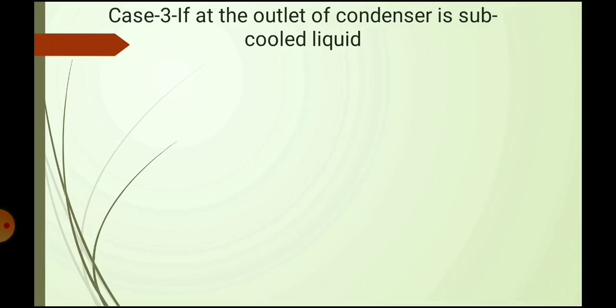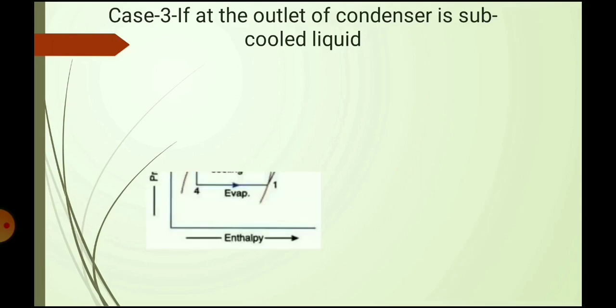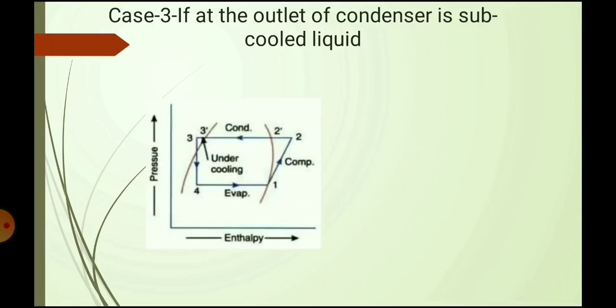At the outlet, that means it says about point 3, so point 3 is in the subcooled region. This is the pH diagram. This is the saturated liquid line, and this region is said to be the subcooled region. According to the case, point 3 should be in that region. We can see here point 3 is in the subcooled region.